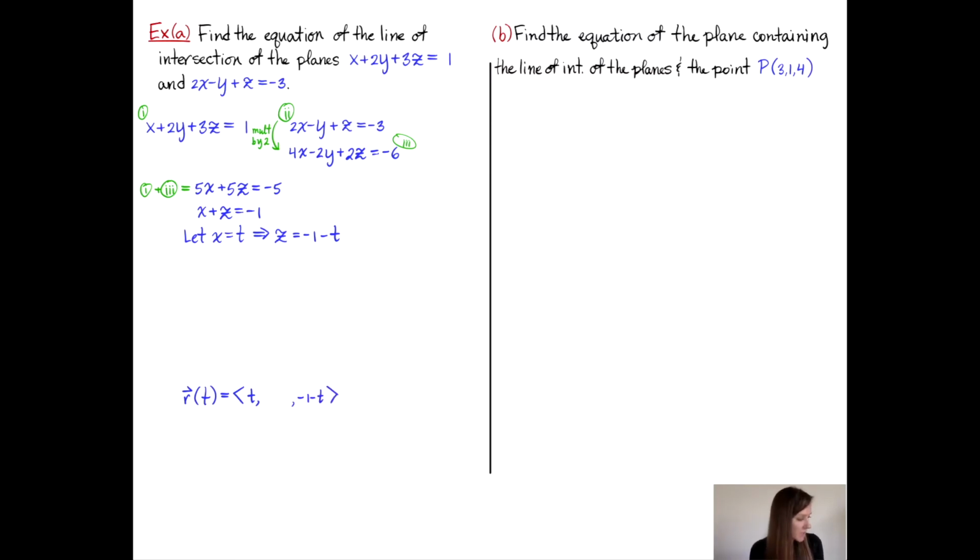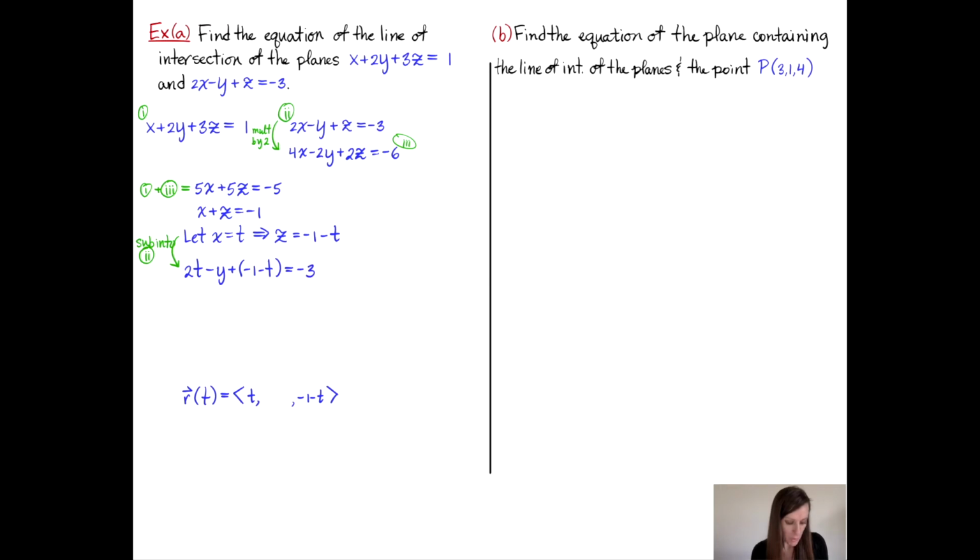component. So to do that, let's sub that back into the second equation. Subbing into the second equation, we have 2t minus y plus our z, which is negative 1 minus t, and that is equal to negative 3.